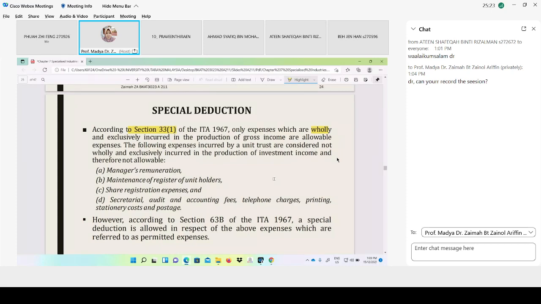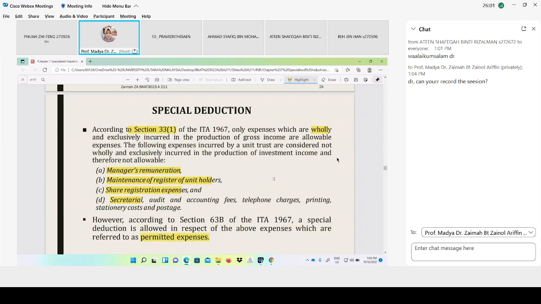We have 4 here, different from the permitted expenses in the ISC. That is management remuneration, maintenance of register of unit holder, share registration expenses, secretarial audit and so on. So only expenses listed under these 4 items under special deduction will be allowed, referred to as the permitted expenses.